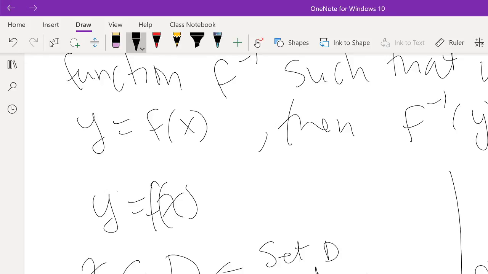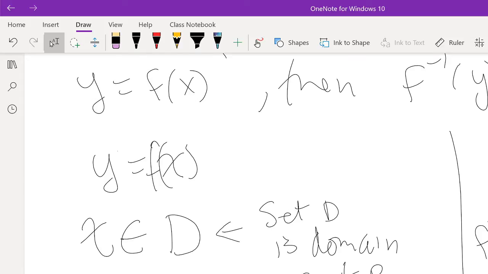And then f inverse of y, which is x, is an element in the set D. So essentially what happens is that the domain and range sets get flipped around. In this case, for the inverse, the set R is now the domain of the function, and now D is the range.